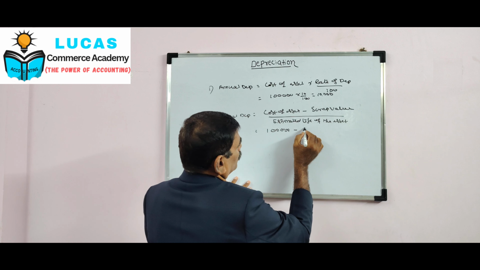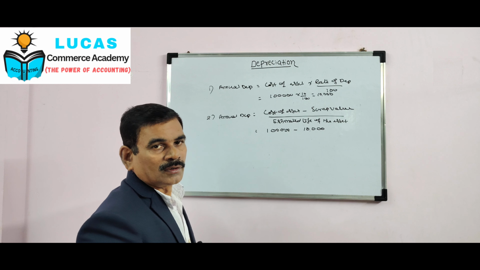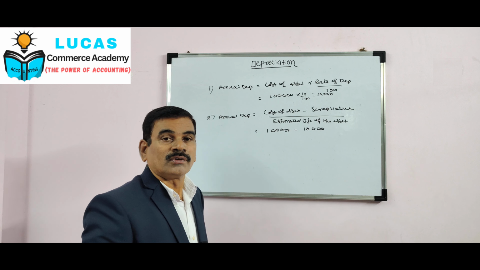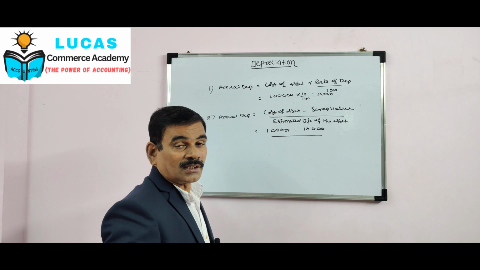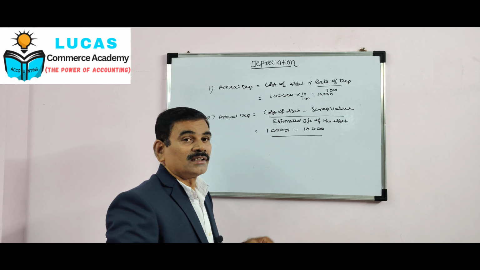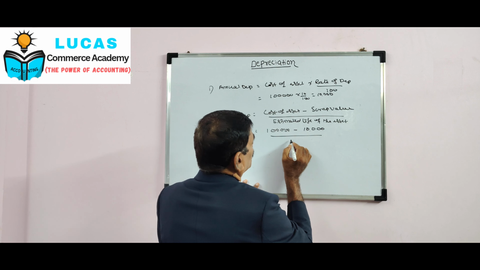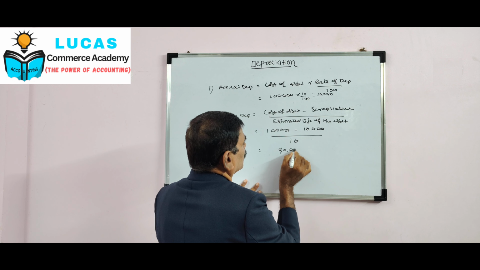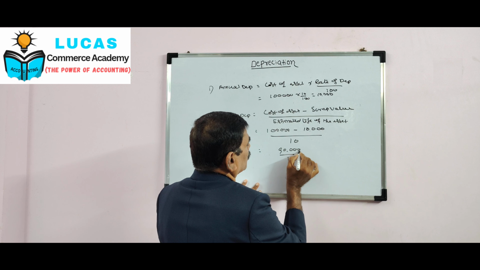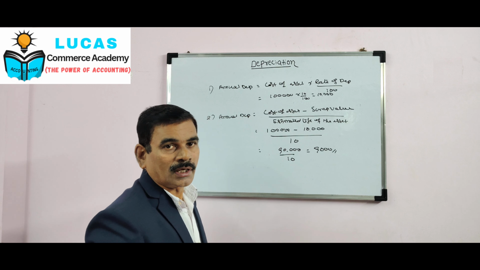The scrap value is 10,000. This value will be realized at the end of the life of the asset. Then the original cost is 90,000. By estimated life of the asset, take 10 years. Here 90,000 by 10 equals 9,000. So here annual depreciation is 9,000.